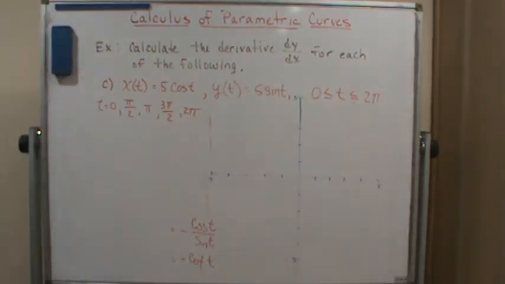So those are where we're going to find the critical values. Those are the critical values for t, or critical points for t.